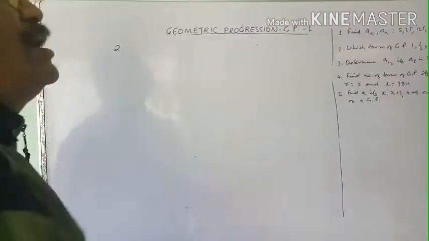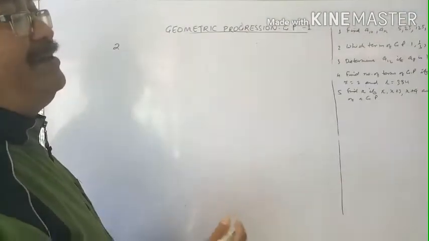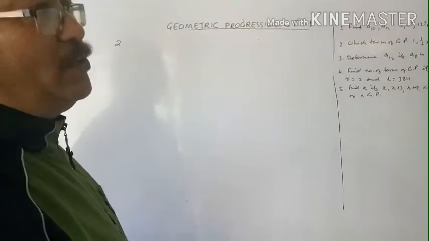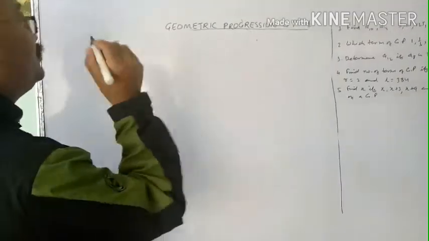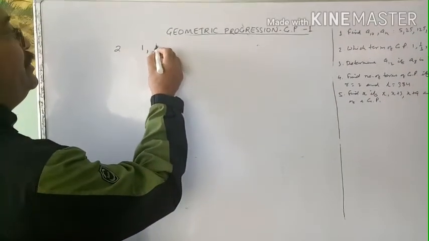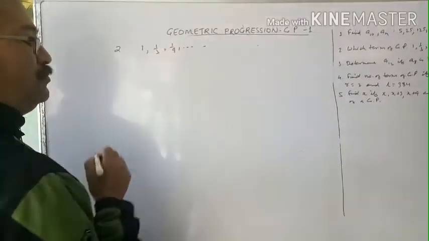So which term is 1 by 243? To find this, we suppose that the nth term is 1 by 243, and we try to find the value of n. Alright, so the given series is 1, 1 by 3, 1 by 9, and so on.